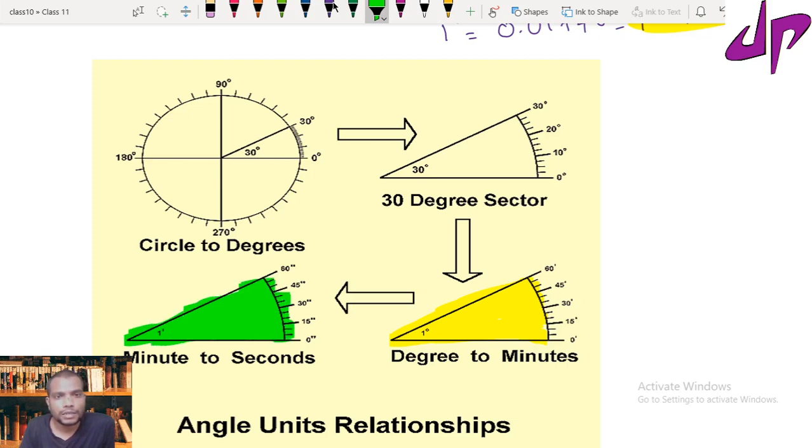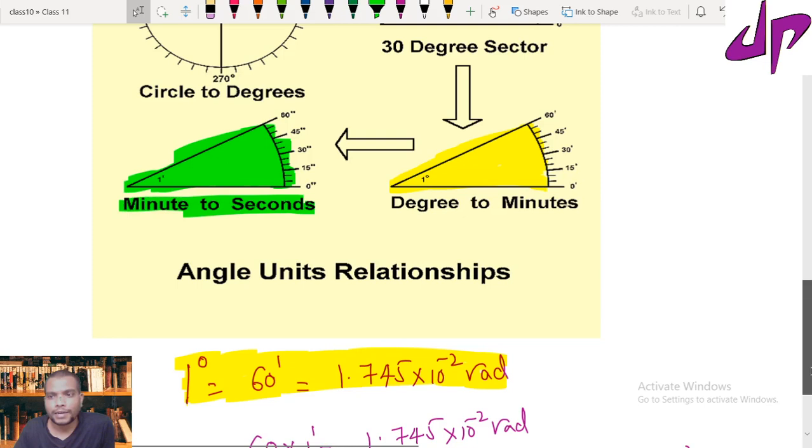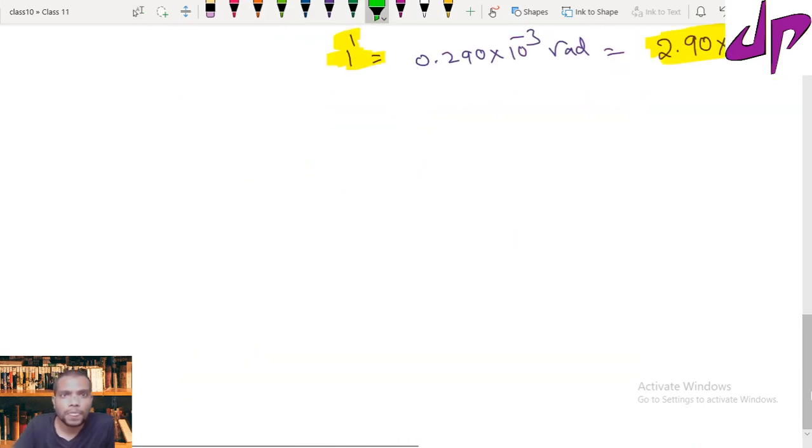So if you can take from here, I can write it here. 1 minute equal to 60 seconds.